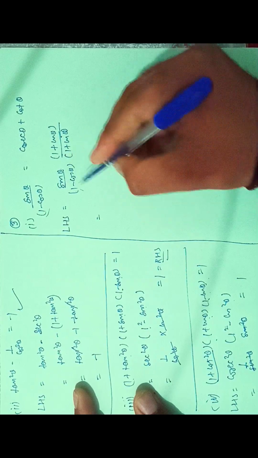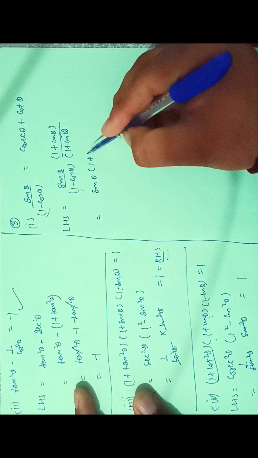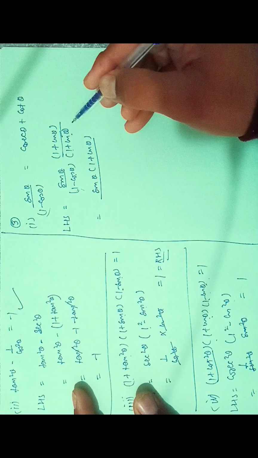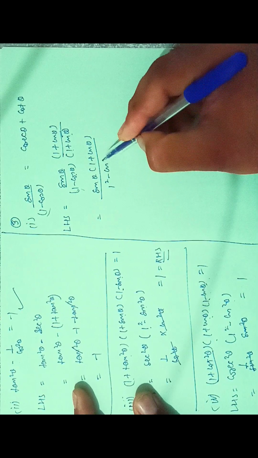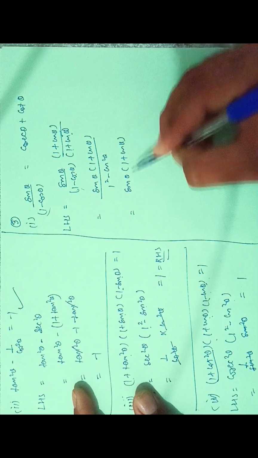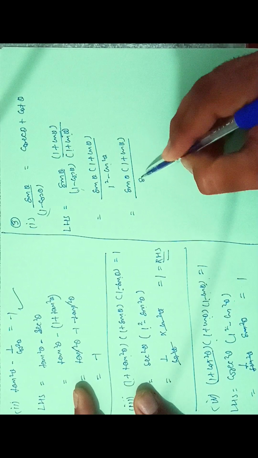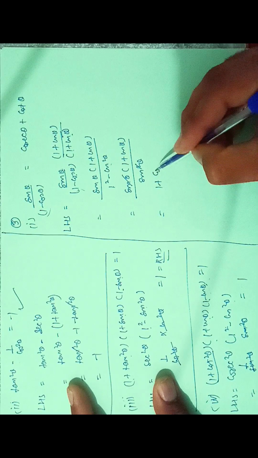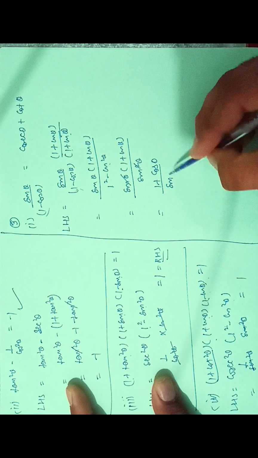So it will be sin theta (1 plus cos theta), and this is (a minus b)(a plus b), again a square minus b square, so 1 square minus cos square theta. So 1 minus cos square is sin square. One power of sin will be cancelled, and we'll be left with (1 plus cos theta) upon sin theta.